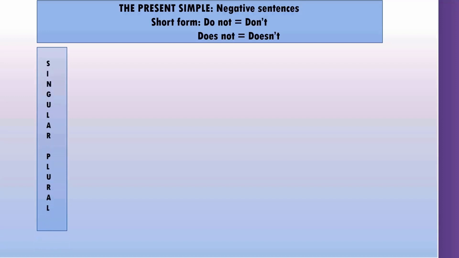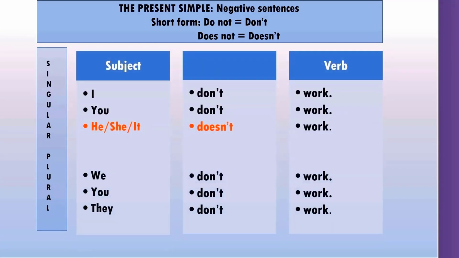Again, we've got the singular and the plural. We've got the subject, then the auxiliary verb, which is the short form of the negative, and then the main verb. We know what a subject is, and we know what a singular subject is, and then we've got the plural.